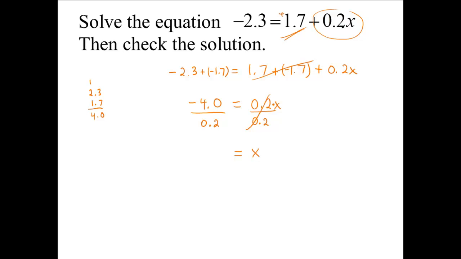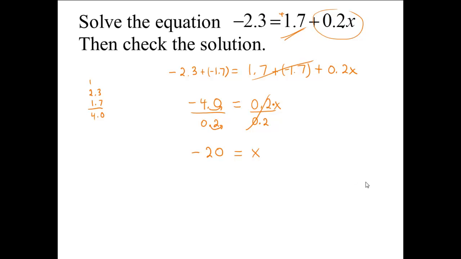And on the left side of the equation we have negative divided by positive, which is negative, and 4.0 divided by 0.2. Here's a quick way to do it in your head. I can move both these decimals to the right once, then I have 40 divided by 2, which is 20. So we have the solution x equals negative 20.